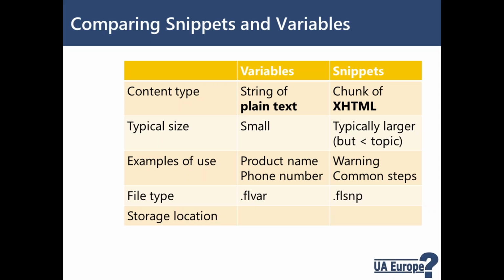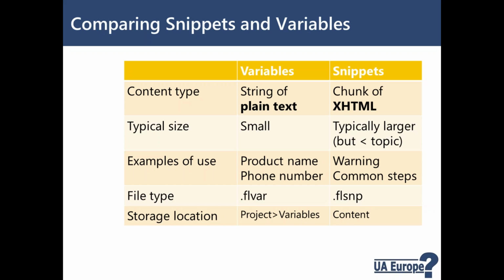Snippets, even though they're XML files, have their own special file extension, FLSNP. Variables live in project variables, and snippets live in your content folder. Most of you might be shouting out, no, they don't. They live in content resources. Let's be specific: content resources snippets. And yes, they normally do.